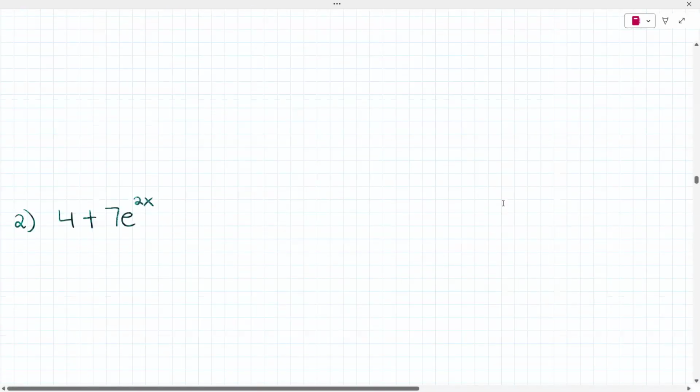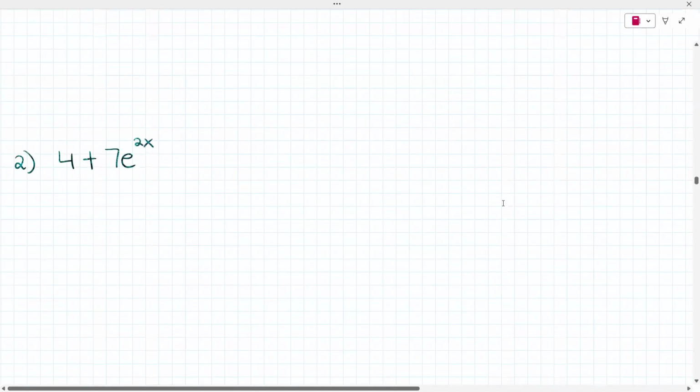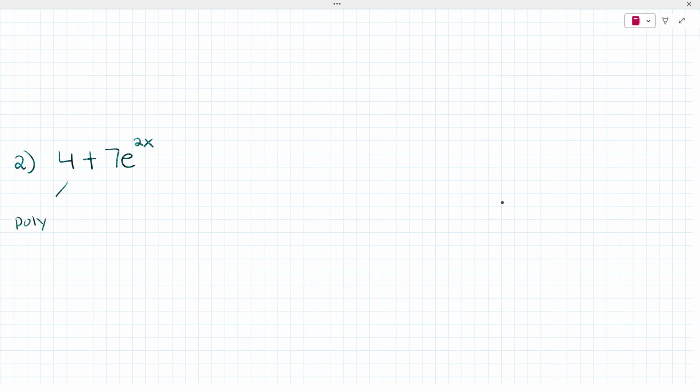Okay, what about the second one? We have 4 plus 7e raised to the 2x. We have two terms. 4 is technically a polynomial; it's the same thing as 4x to the 0. 7e to the 2x is technically an exponential.